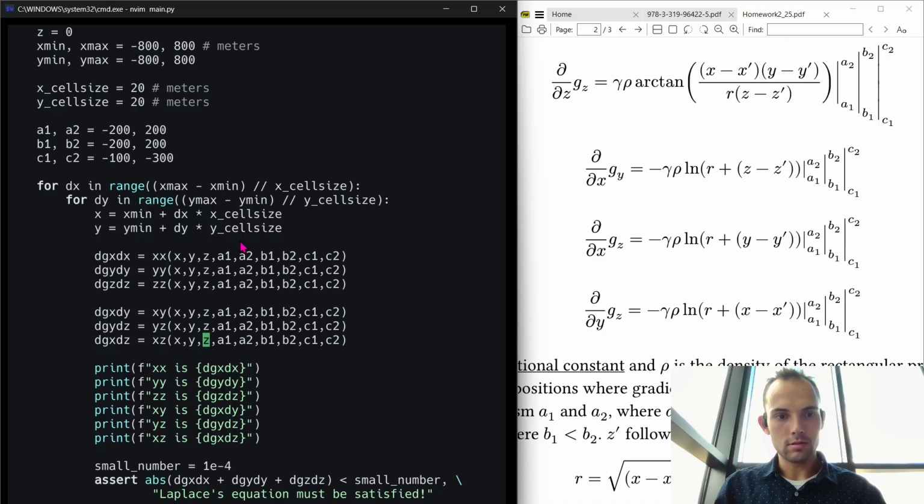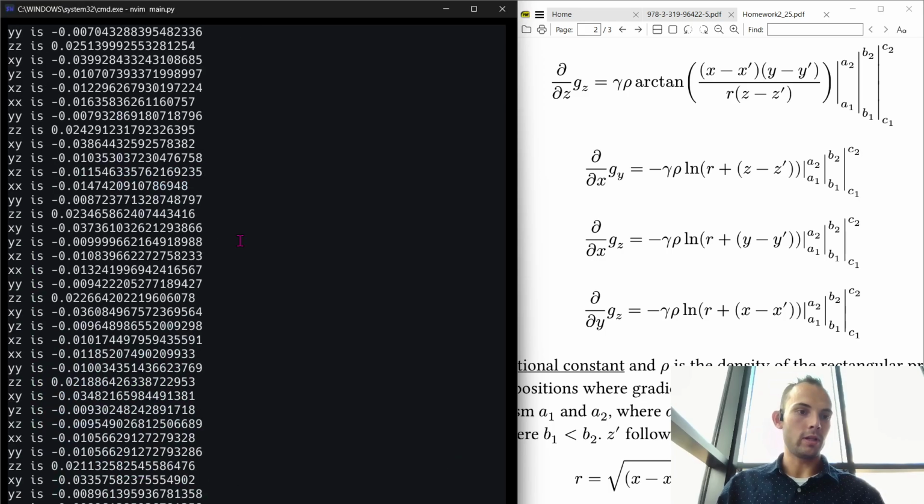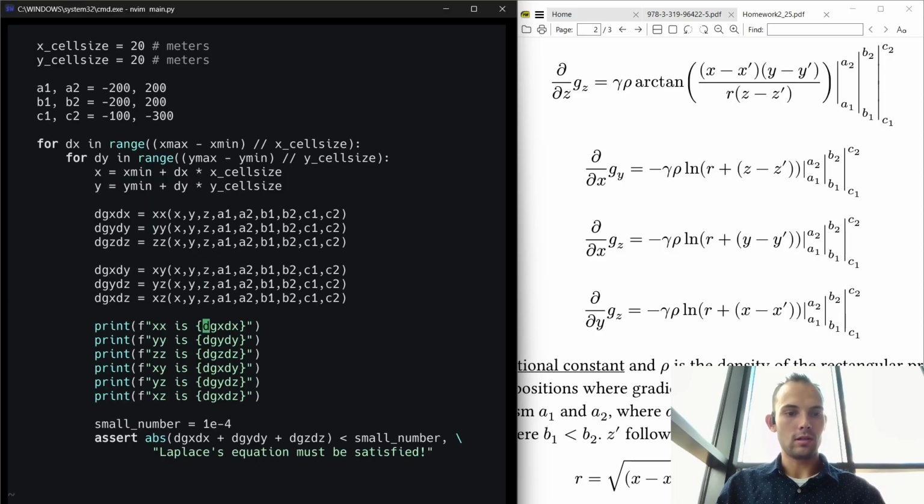Jeez. Okay, I had put the wrong letter there, so that would have caused some major headache. We didn't crash though. We ran this assertion a jillion times, so at least Laplace's equation holds everywhere.